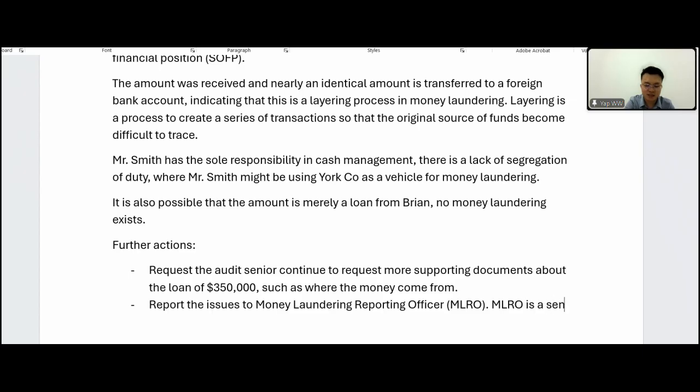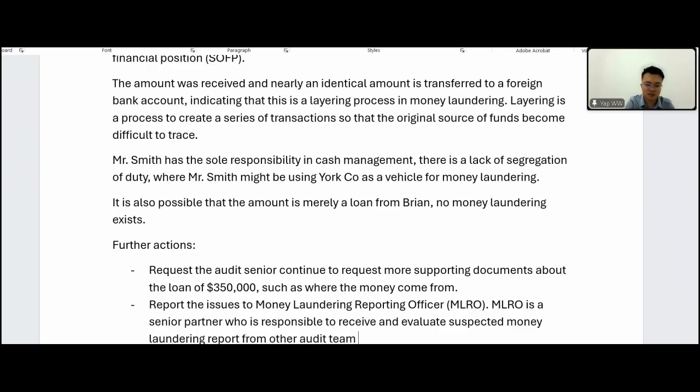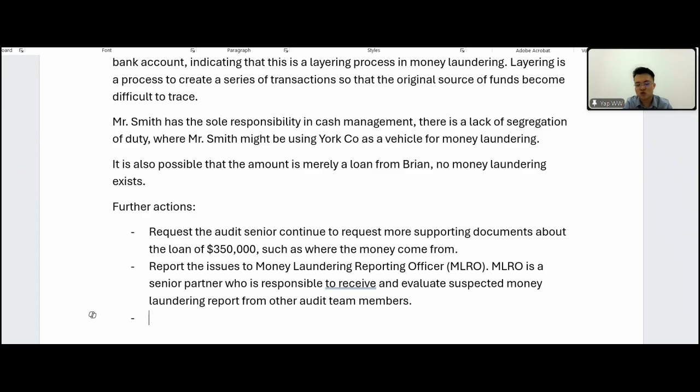MLRO is a senior partner who is responsible to receive and evaluate suspected money laundering reports from other audit team members. Yeah, so we have to explain who this MLRO is.